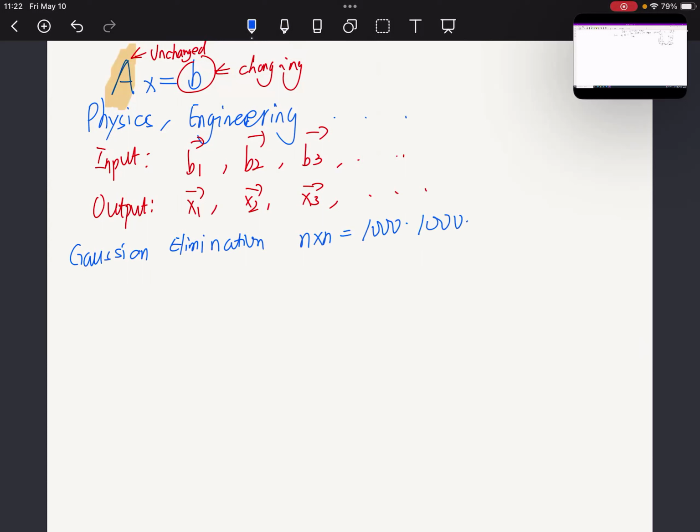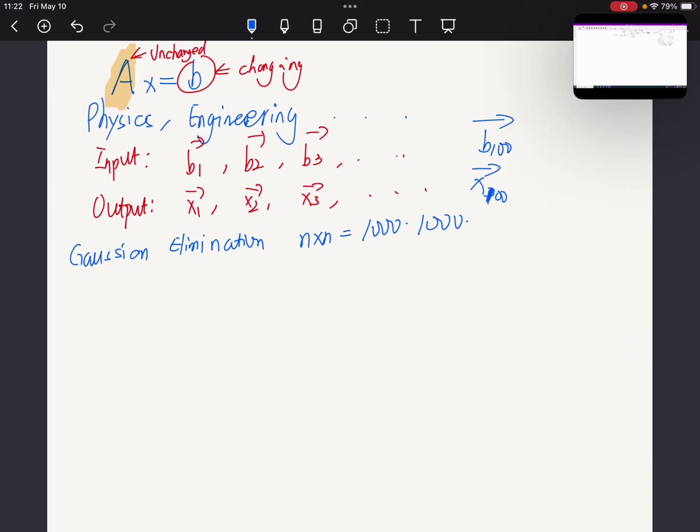Now the question becomes, if you use the Gaussian elimination to solve this, and maybe you have B100 inputs, and you want to solve for X1 to X100, how many operations do you need here?